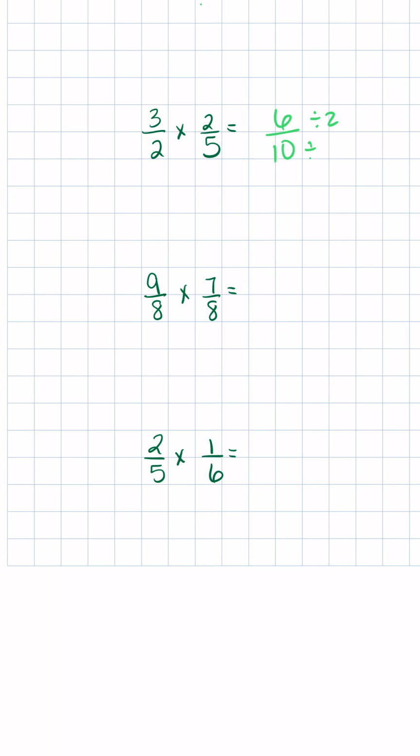They both can be divided by 2. 3/5. So you can see we also could cross those out beforehand, which gives us 3/5.